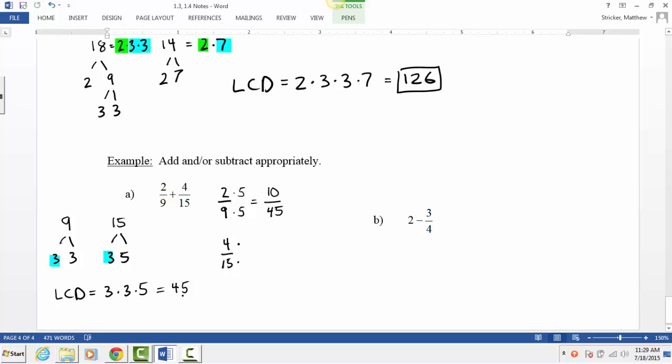Well, I need to multiply 15 by 3 to get 45. But if I multiply the bottom by 3, I need to multiply the top by 3. So this one becomes 12 over 45. So what I'm really adding up here is 10 over 45 plus 12 over 45. 10 plus 12 is 22 out of 45.